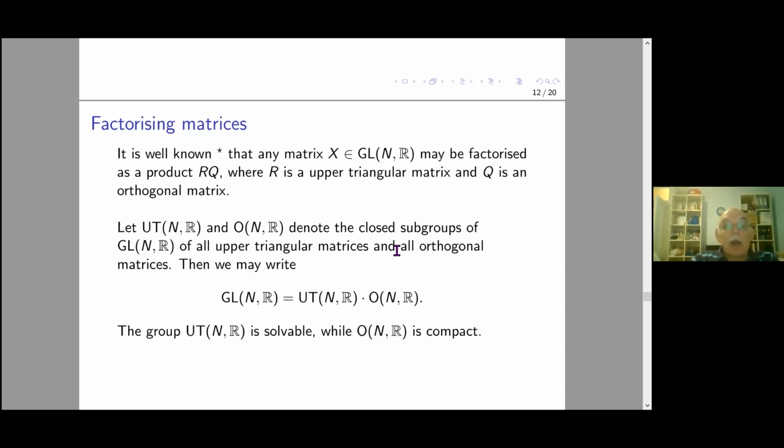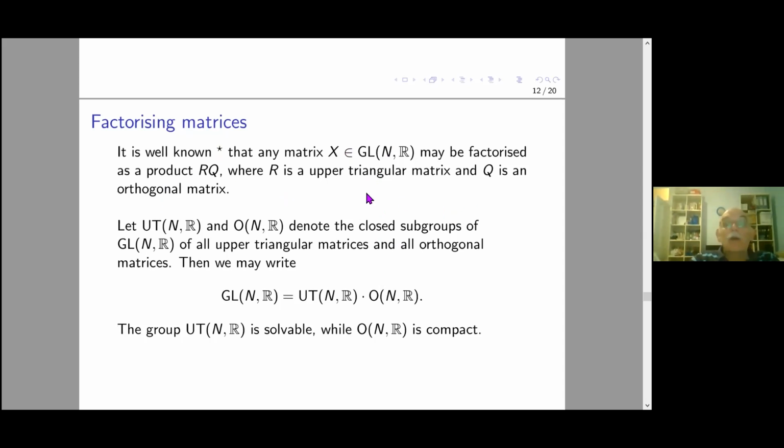in linear algebra. So every invertible matrix is a product of an orthogonal matrix and an upper triangular matrix. If I let UT(n,R) be the group of all upper triangular matrices and O(n,R) be the group of all orthogonal matrices, then in some sense we've written one group as a product of the upper triangular matrices and the orthogonal matrices.